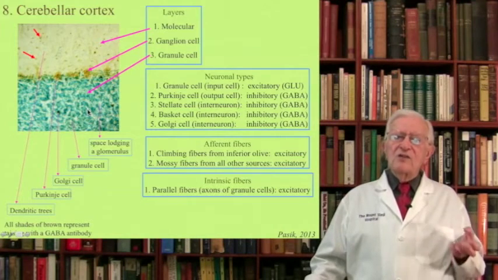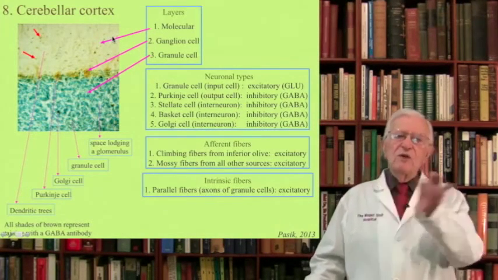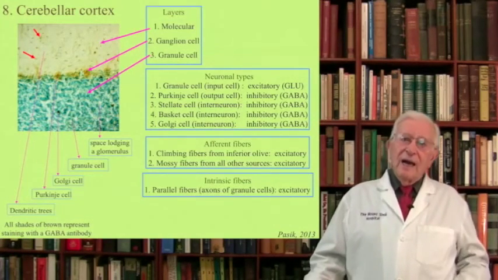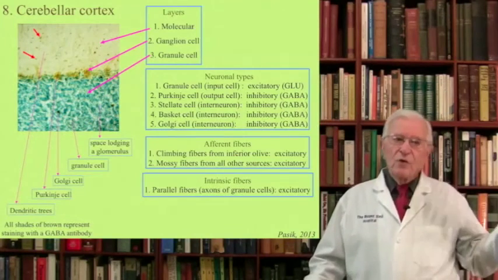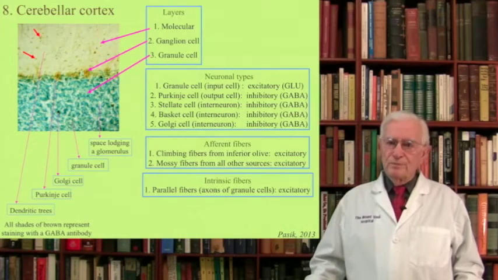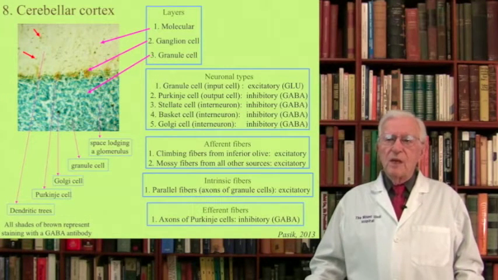Now, you can imagine that there are so many granules here that the molecular layer is pierced by bundles of axons of the granule cell, and because they are going in parallel to each other, they are called the parallel fibers.